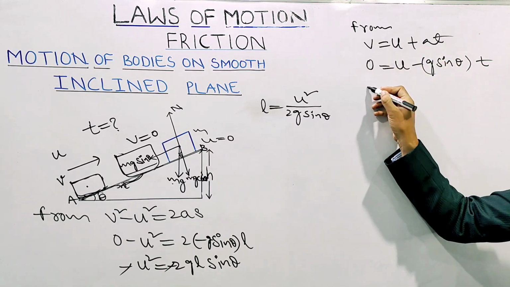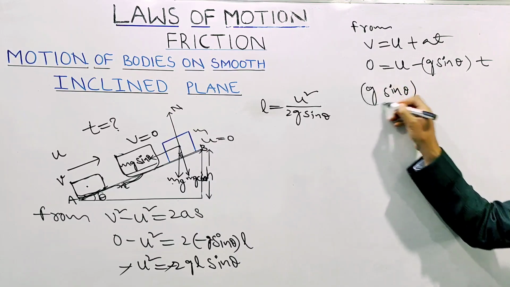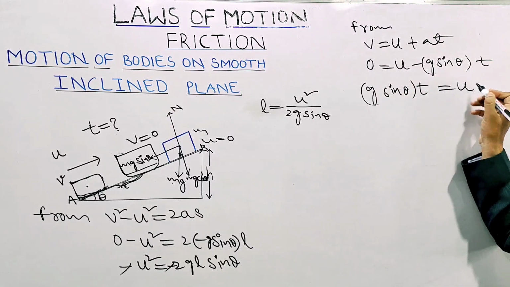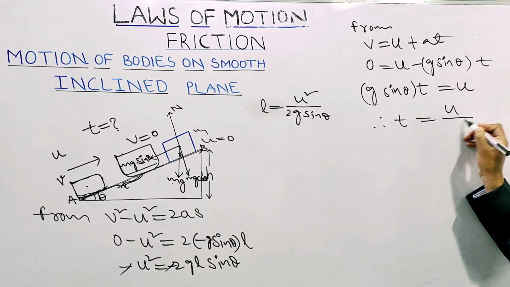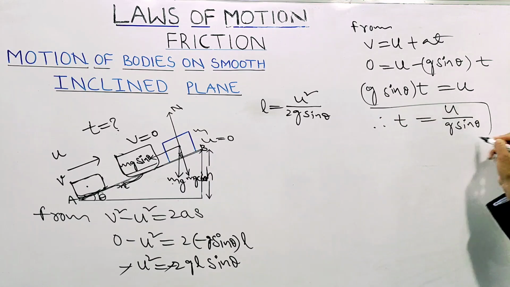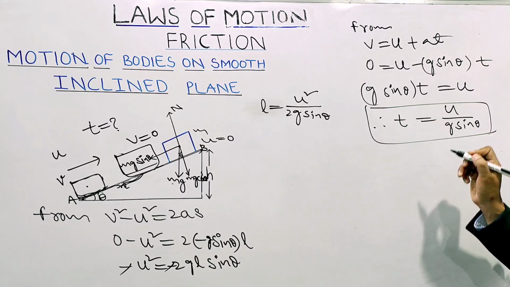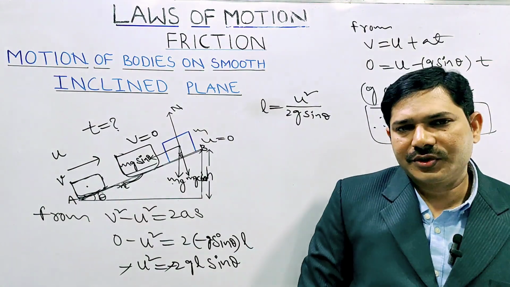Sending it to this side, it becomes g sin theta into t equal to u. Therefore t equals u by g sin theta. After traveling u by g sin theta seconds, the body comes to rest.